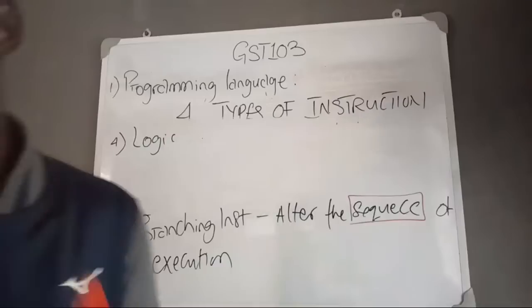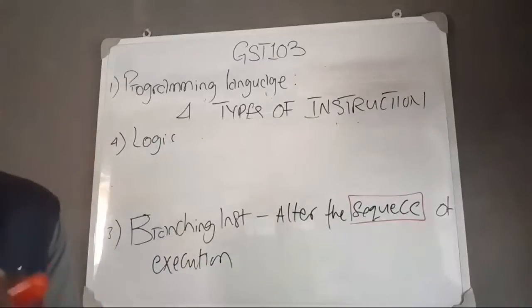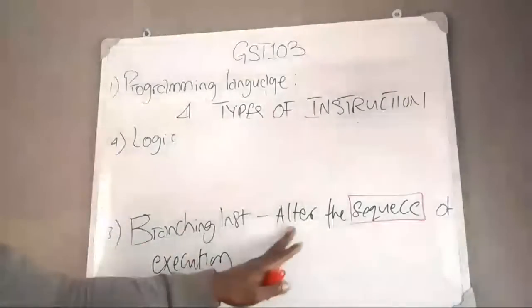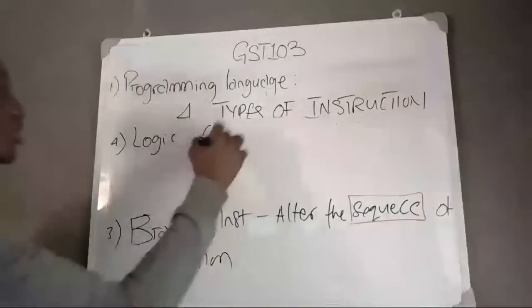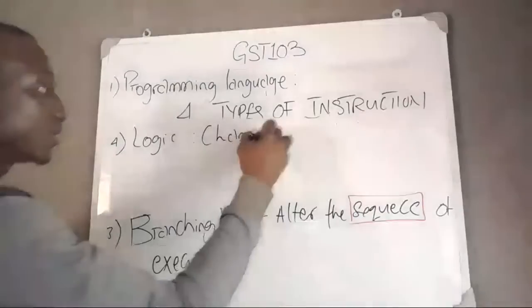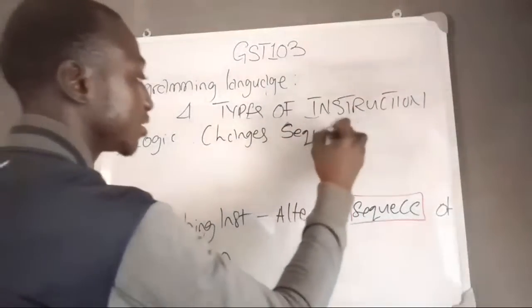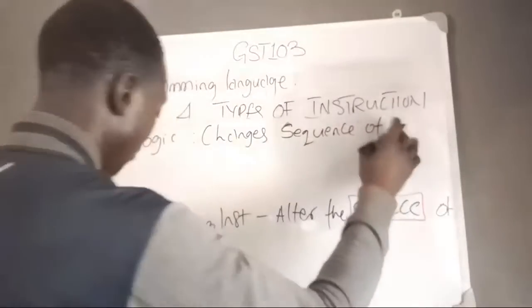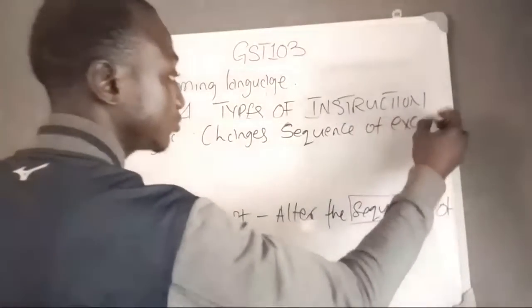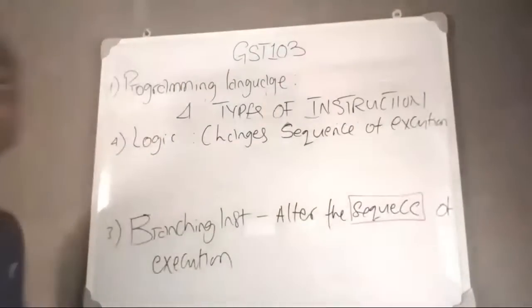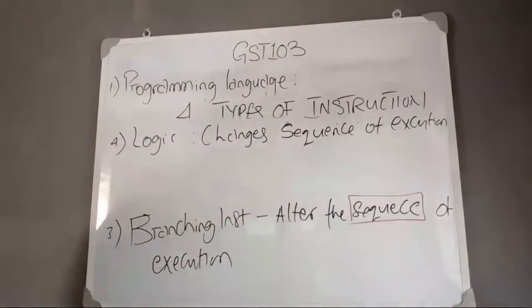The point on logic is that it allows the computer to change the sequence of execution. Unlike branching, which alters, logic changes the sequence of execution. So we have that as that.